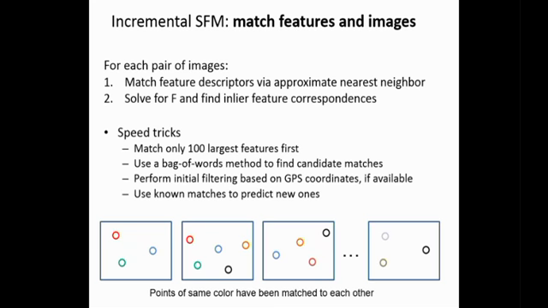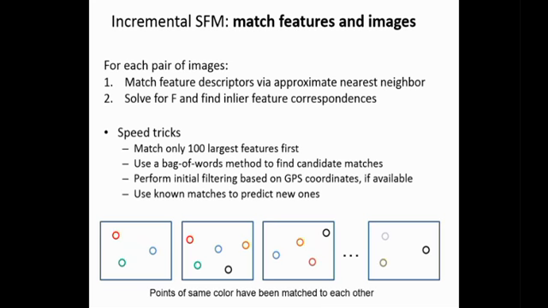And then the final one, which is more complicated, is that you can try to use known matches to predict new ones. As a simple example, if A matches B and B matches C, then you also want to check to see if A and C match. And there's ways of building up all of the matches, using the matches that you've already found to find new likely matches without having to do exhaustive matching.